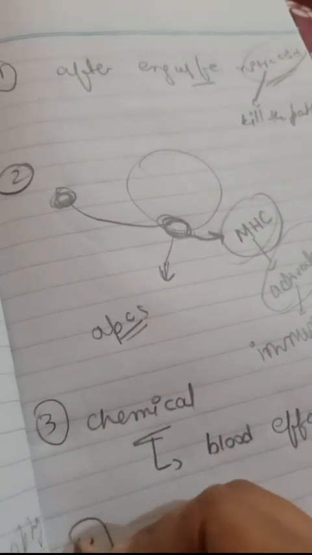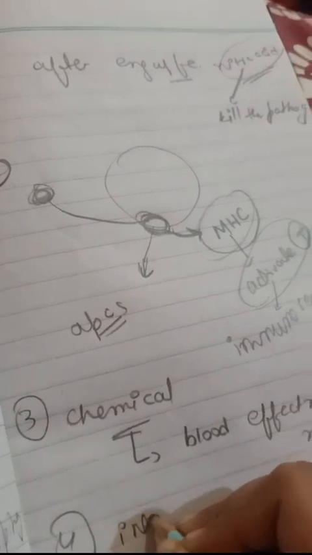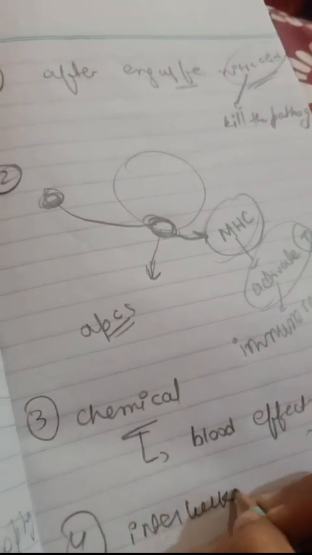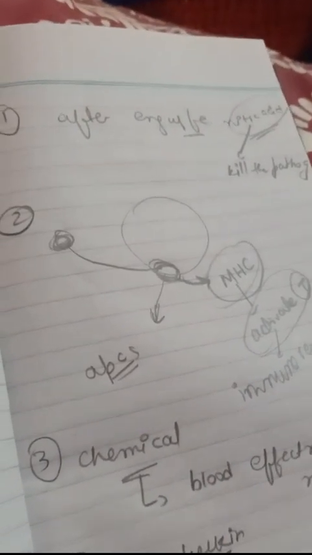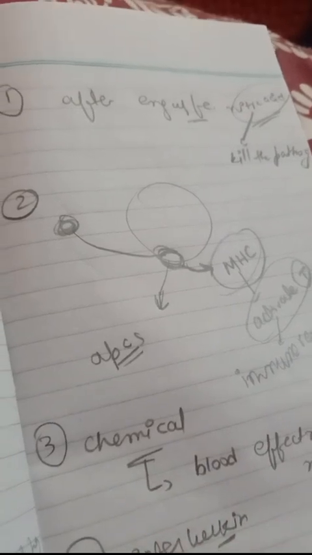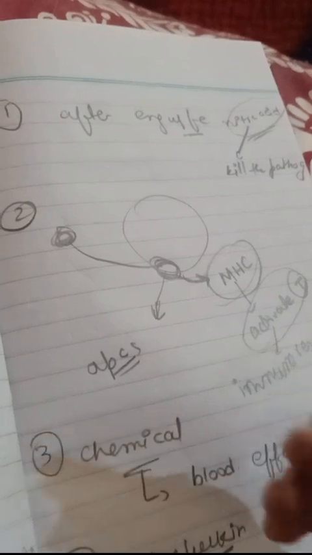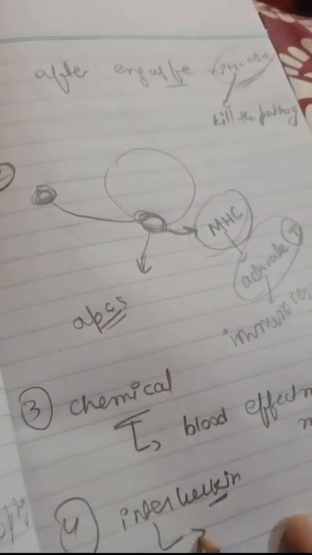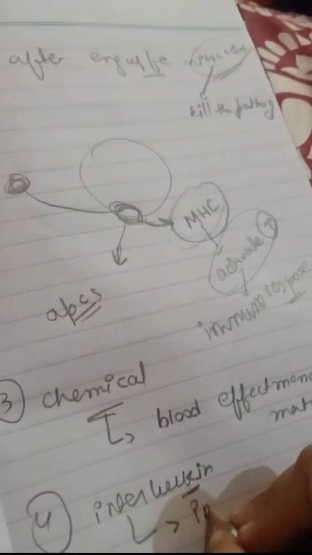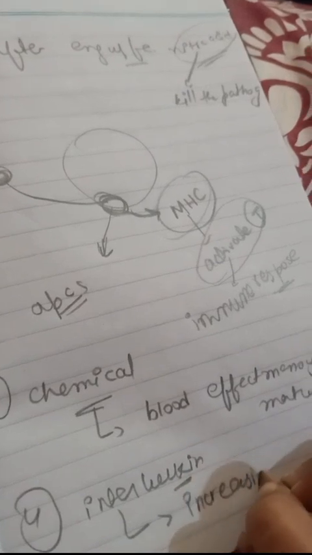Fourth function: they secrete interleukin. What is interleukin? This is a glycoprotein released by the macrophages, and it moves to the hypothalamus to reset the thermoregulator, and that can cause a fever. So this glycoprotein works in increasing fever.